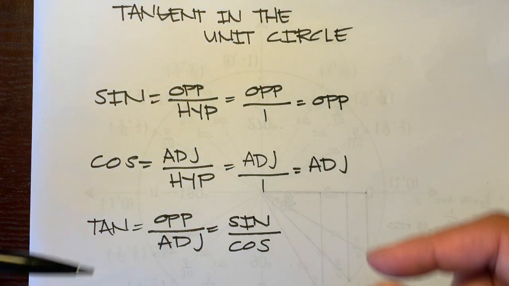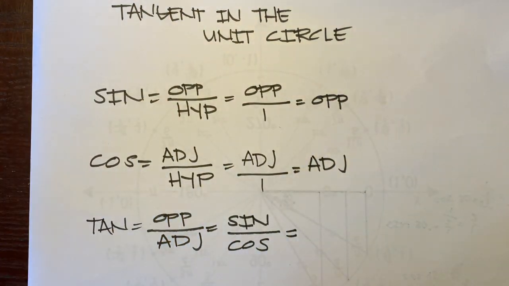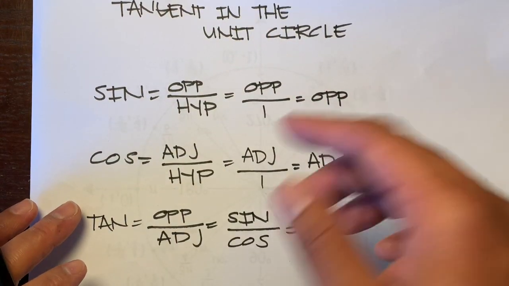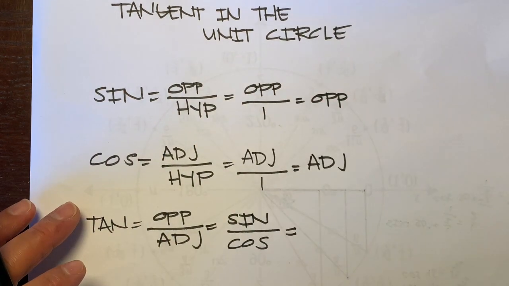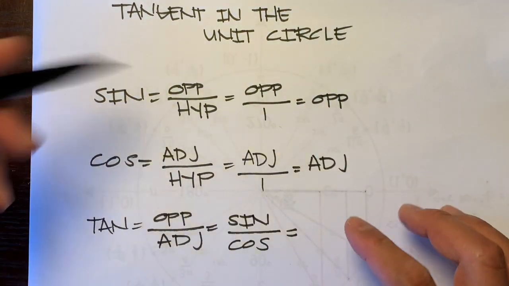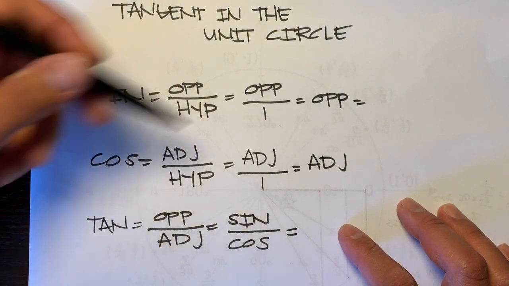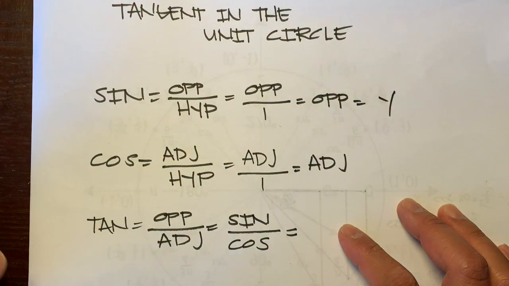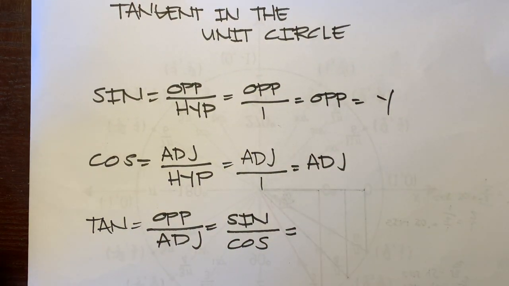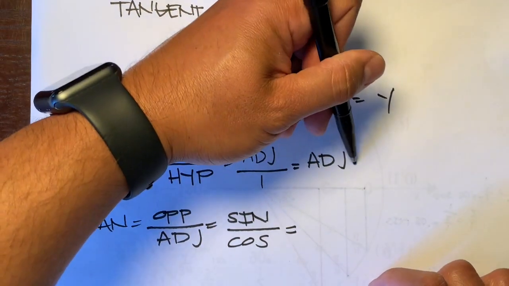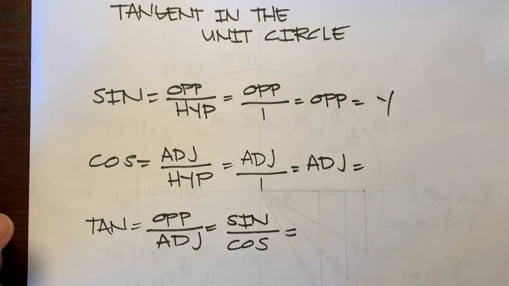And we can still find another identity for this. From yesterday's video, we came up to a final conclusion. Sine is equal to the opposite, and the opposite is always which coordinate? The y coordinate. Yes, and the cosine is always equal to the adjacent, and the adjacent is always what? The x coordinate.